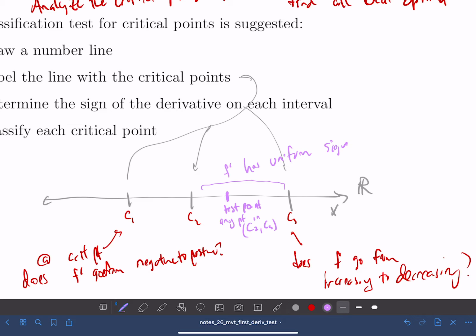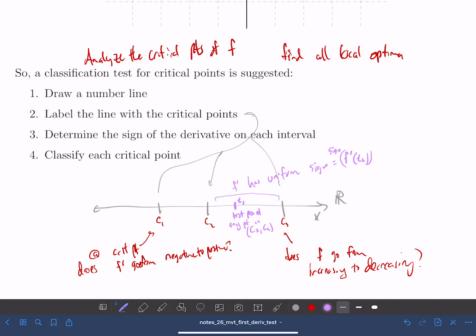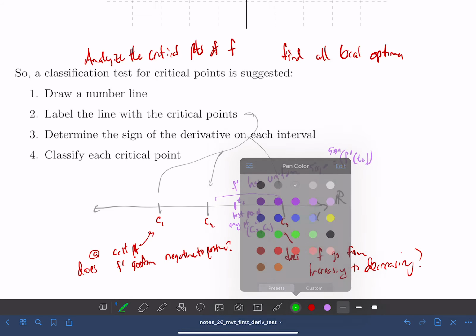Let's call that t sub 2. All I need to know is what is f prime of t sub 2, namely the sign of that. And so we'll get some signature of the derivative.